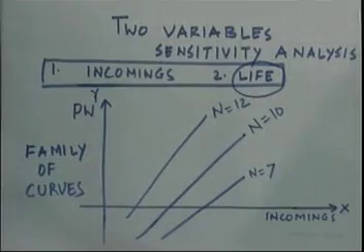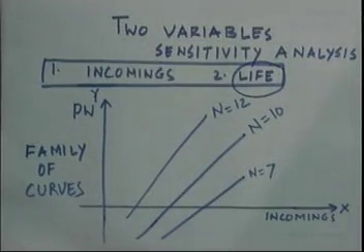Now, as an exercise, you can take another two set of variables, maybe life and salvage value. You can fix the salvage value at a time and go on changing the life. Once you have obtained a line, again change the salvage value and then go on changing the life.